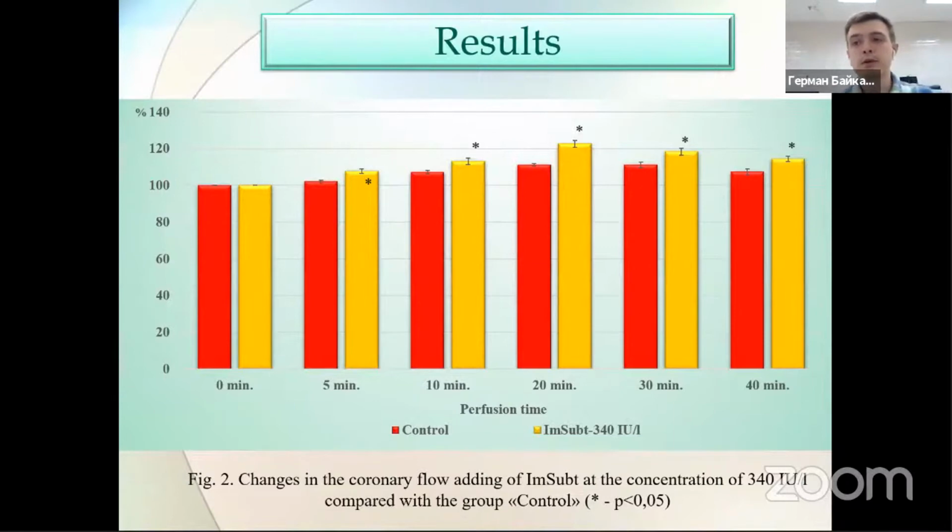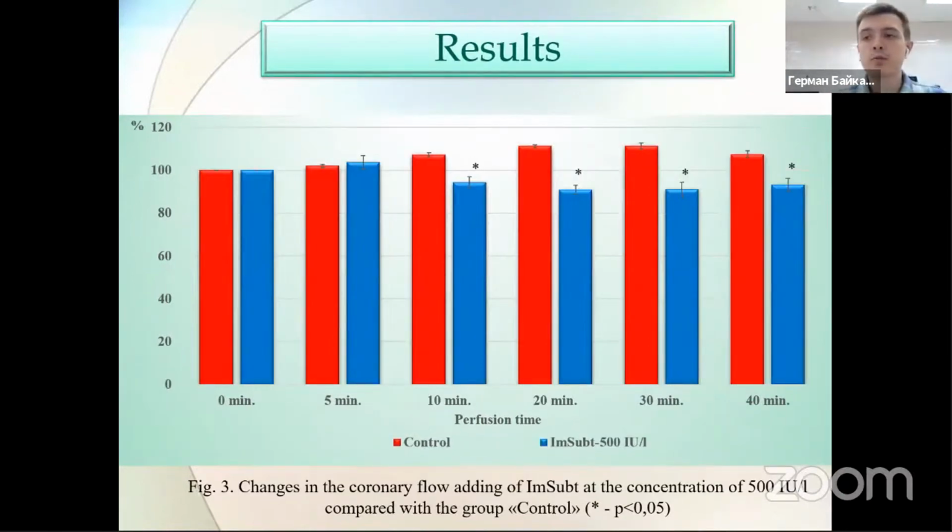In the second group, we noted that from 5 to 40 minutes there was a significant increase in the coronary flow, reaching a maximum at 20 minutes, and it was 23% compared with the control group.